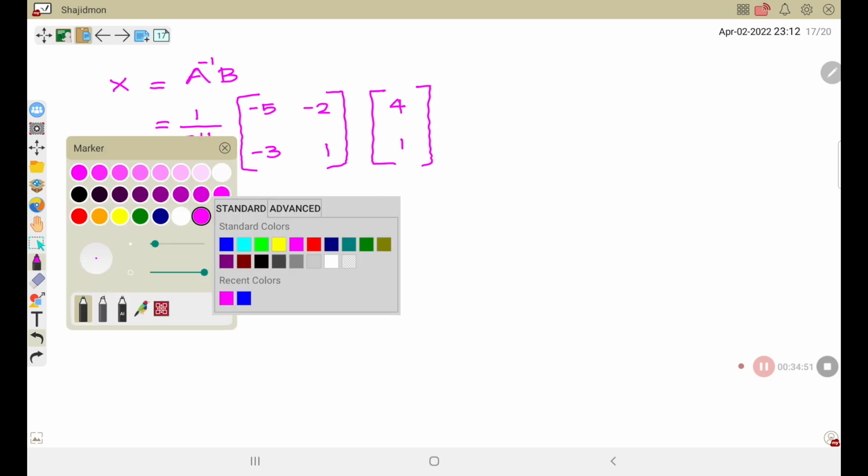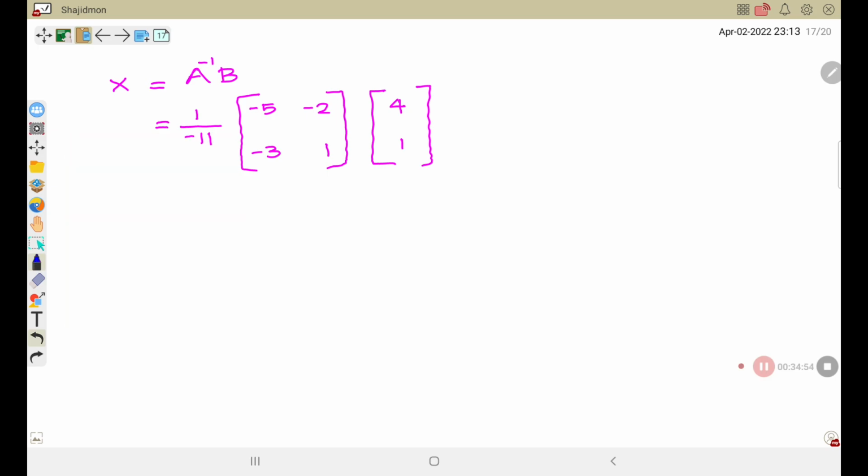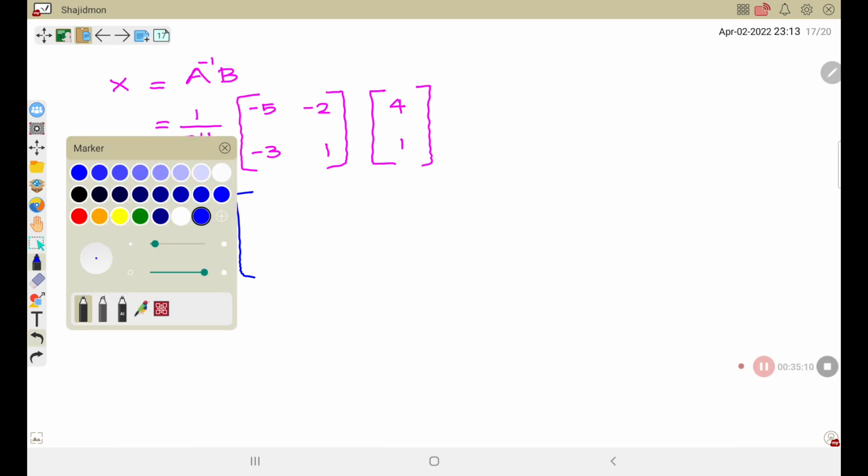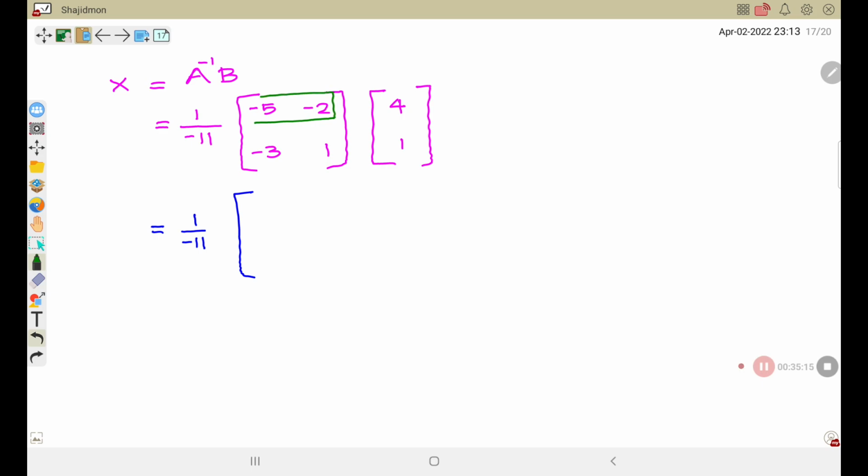Okay, I hope you understood this step. Now just multiply this matrix and this matrix. 1 over minus 11, we can multiply last. Now how are we multiplying this matrix and this matrix? We studied before. Take the first row of this matrix, minus 5 and minus 2, multiply with this column, 4 and 1.